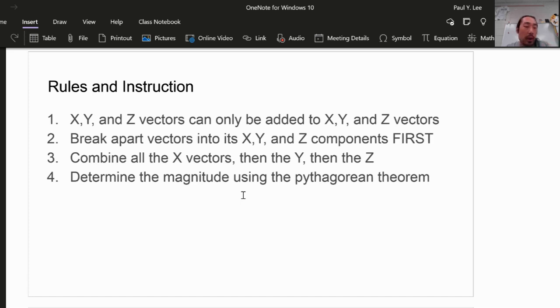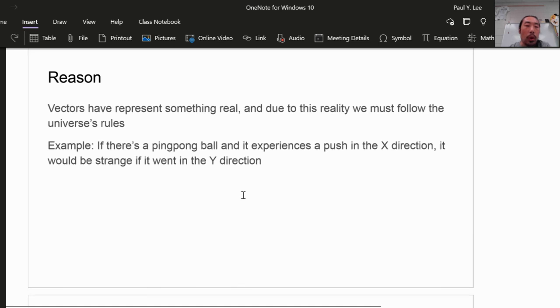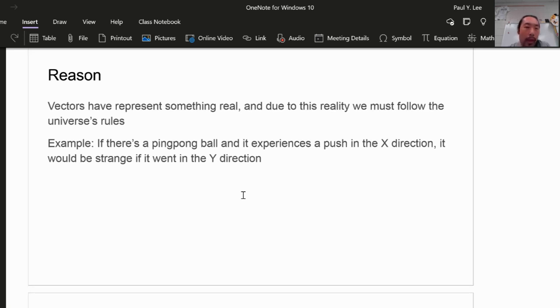So you have to use the Pythagorean theorem to figure out the overall magnitude and direction of your finalized vector. Just like in the previous videos that we did, but now I'm going to show you an example problem using distance and displacement.